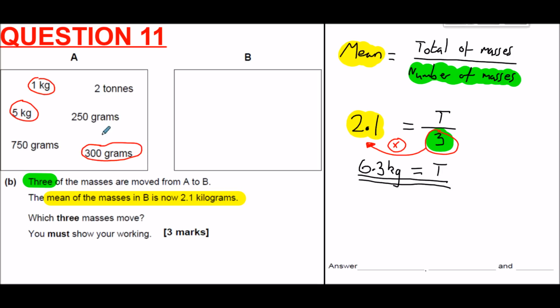So the 3 masses that move, the 3 masses that add up to 6.3, will be the 1 kilogram, the 5 kilograms, and the 300 grams. Because those 3 weights are the only ones that add up to 6.3.